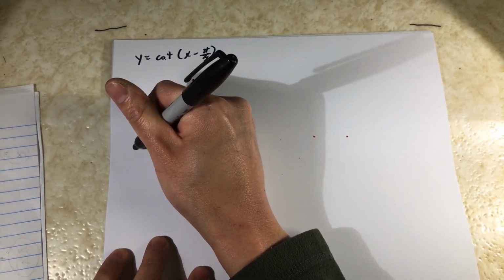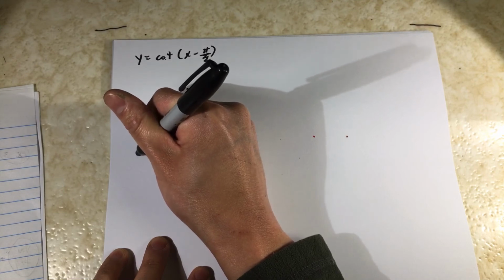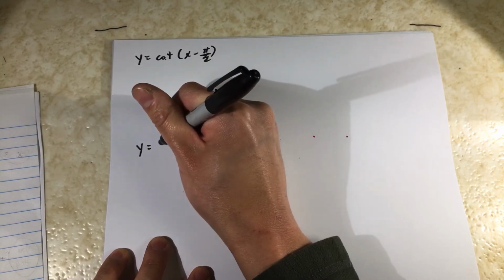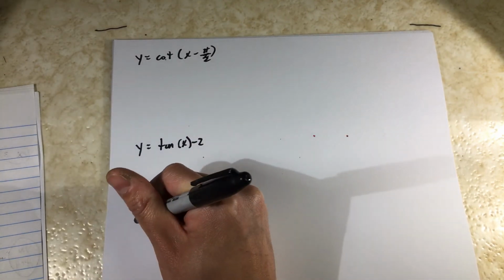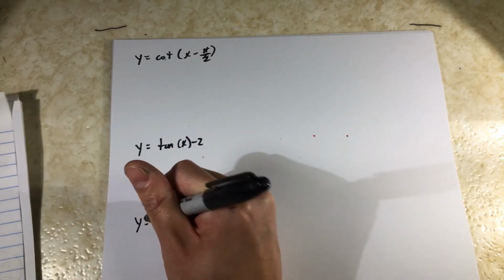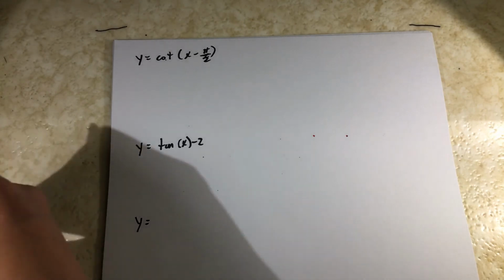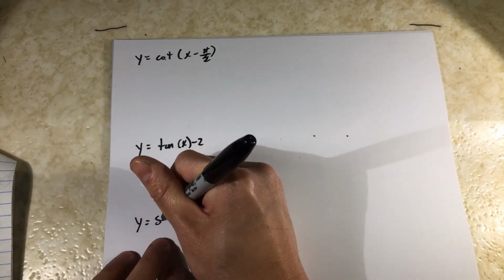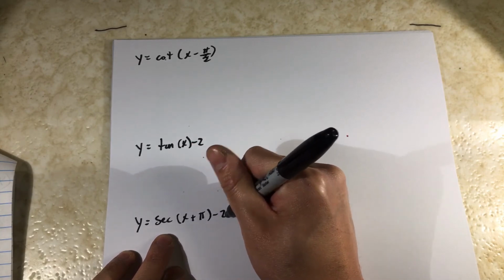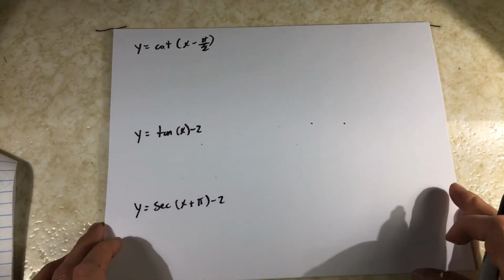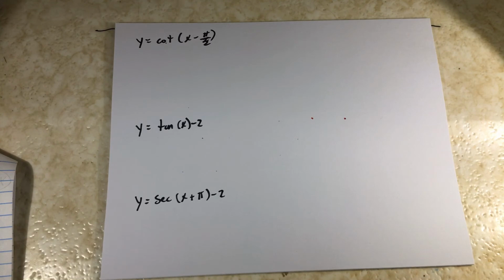Then the next one is y equals tangent of x minus 2. And then the last one is y equals secant of x plus pi minus 2. All right, so why don't you try those 3? And I'm going to give you like a 3 count to pause and then we'll go through it.